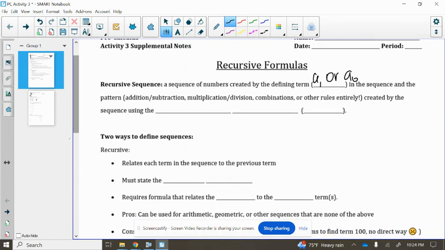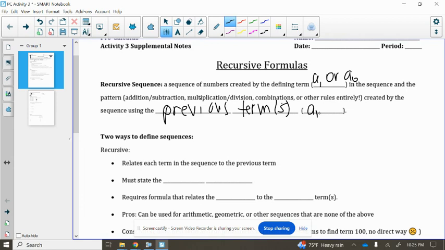And basically we are looking at the pattern. So it could be addition and subtraction like arithmetic, multiplication/division like geometric. It could be a combo with a 2, or none of the above entirely. But basically what we are doing is we are creating a sequence using the previous term, or sometimes even terms, plural, to get our sequence.